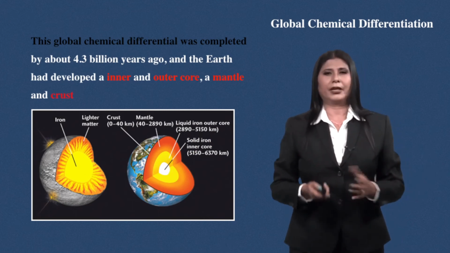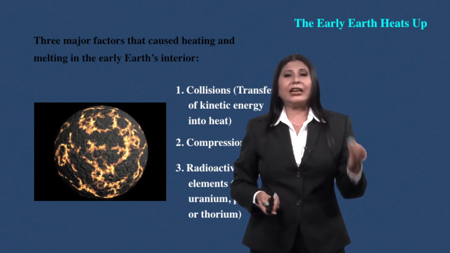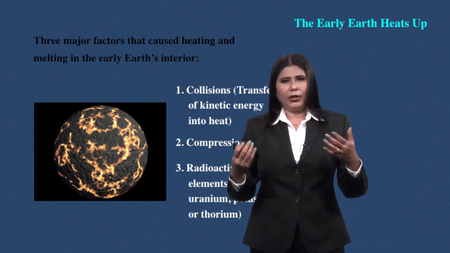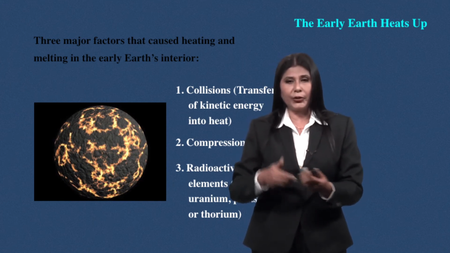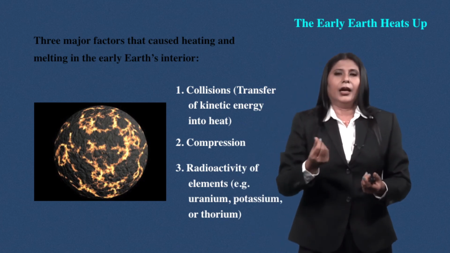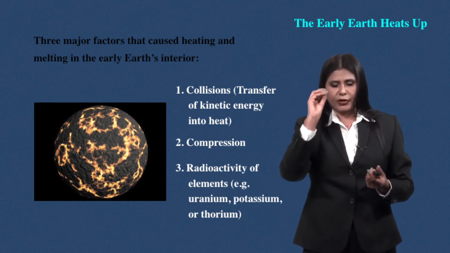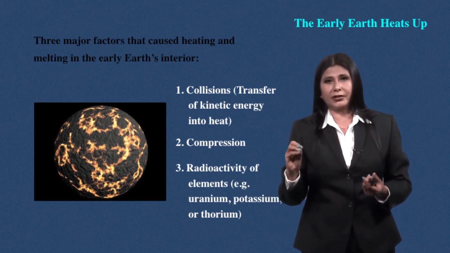So finally, the three major factors cause the heating and melting in the earth's interior. The first is collision, transfer of kinetic energy into heat. Remember, these rocks are composed of radioactive minerals. So we have lots of natural radioactive minerals in the rocks.